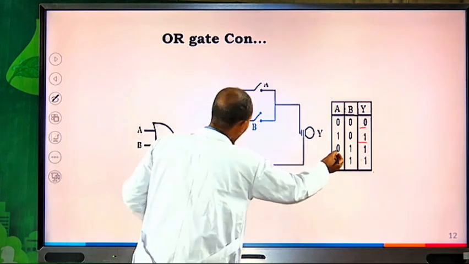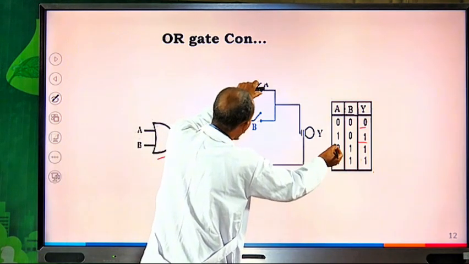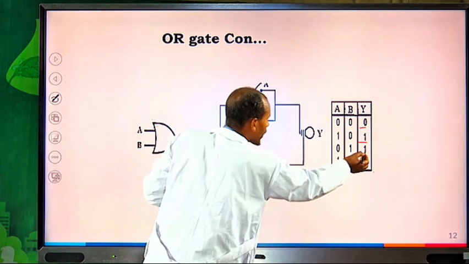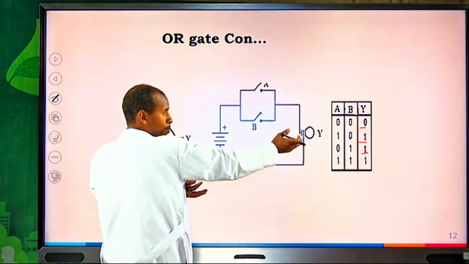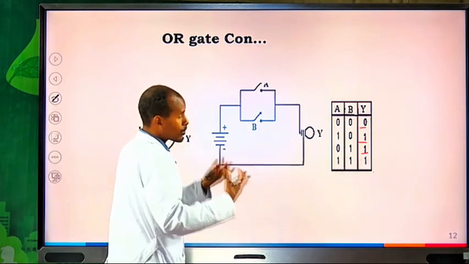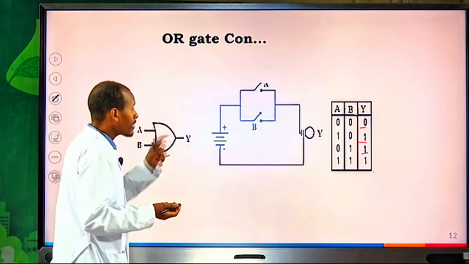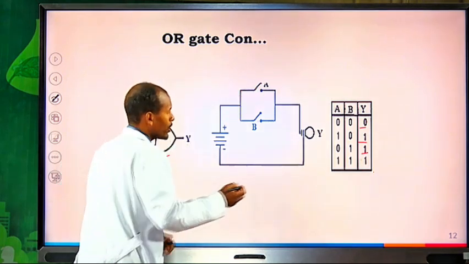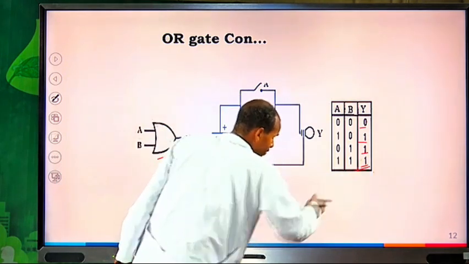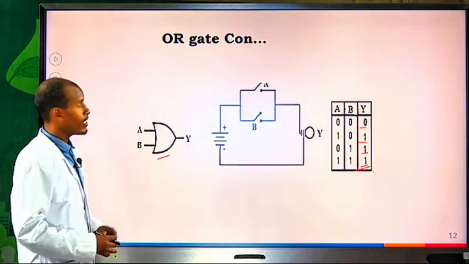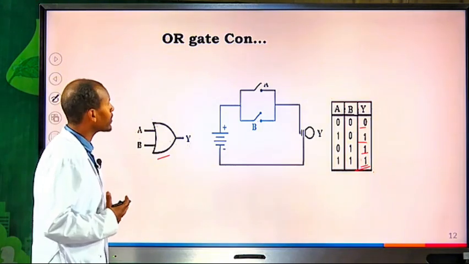And also if A is 0, which means A is off, and B is on, we get light also, so the bulb gives a positive output. And the final one, if both are on, we get the maximum value, and it gives light. So this is how we can understand the OR gate.